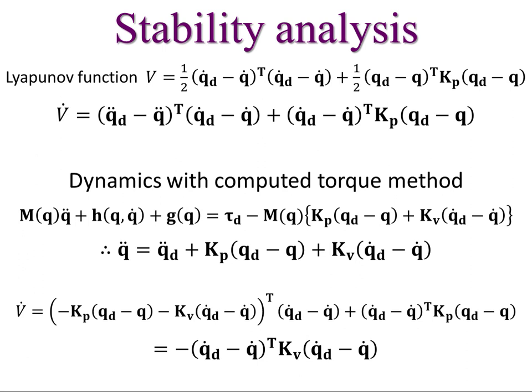The principle is the same as when considering the simplest example. The slight difference is that the error feedback term is multiplied by the inertia matrix. We need this multiplication to derive the final equation in this stability analysis.